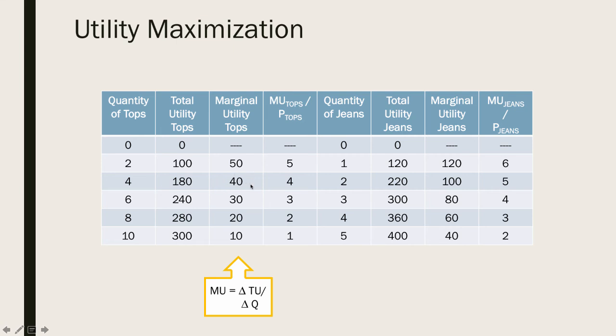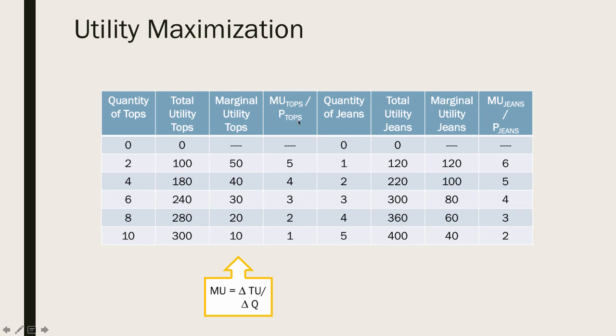So I did this all the way down the column, and you'll notice that marginal utility is diminishing with each additional consumption. Again, that's showing us the diminishing marginal utility belief that as we consume additional amounts, each additional unit is going to give us less satisfaction than the one before. I'm going to do the same exact steps for jeans in just a moment.